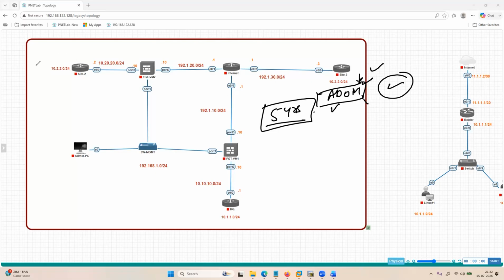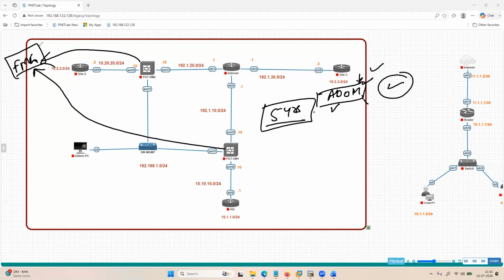The policy will be pushed only from the FortiManager. That depends on how you are configuring your firewalls and how you are landing them onto your FortiManager. Let's suppose you have one FMG here. You landed this firewall on it. You landed this firewall on it. Now, if you want to access the GUI of this firewall, it will not restrict you.